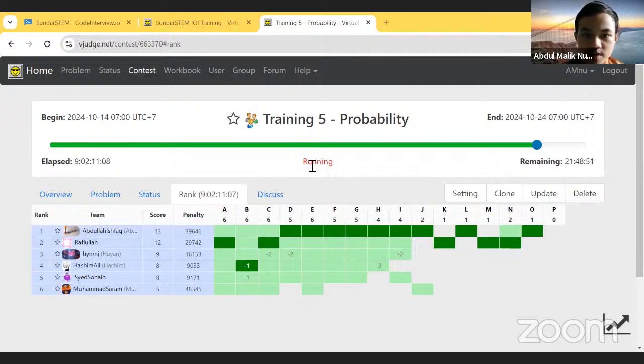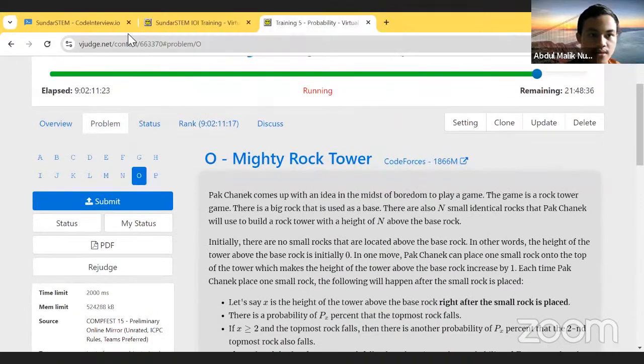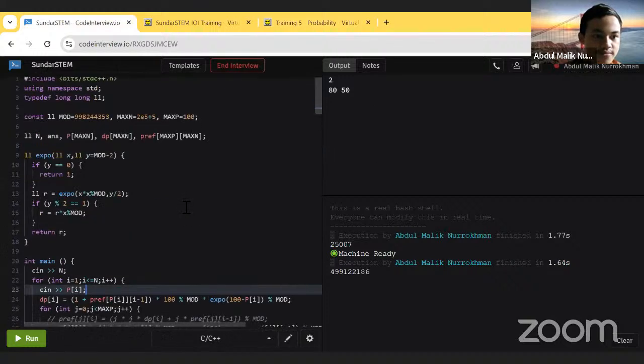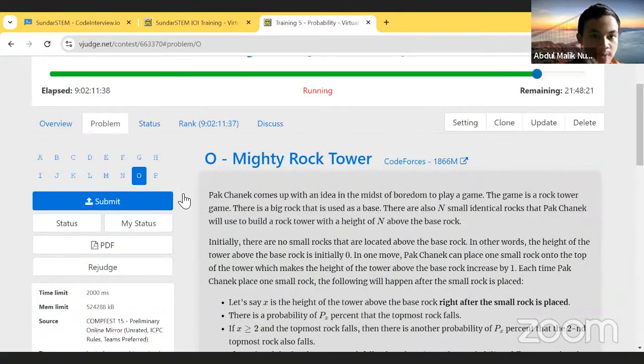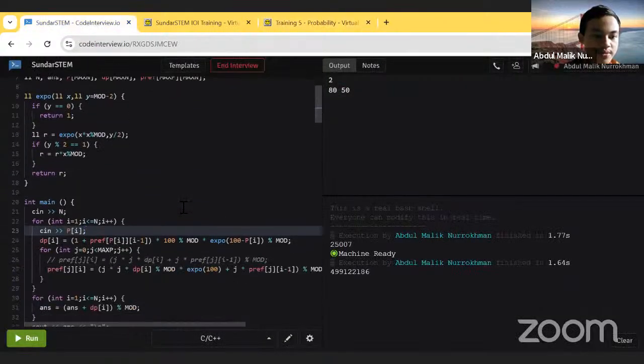Okay, that's right, about graph theory. Okay, that's great. And then about the last discussion, in the past meeting, I implemented problem O, and there's a bug. Does anyone know where the bug is?